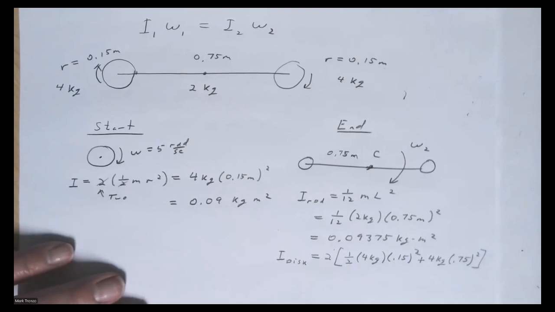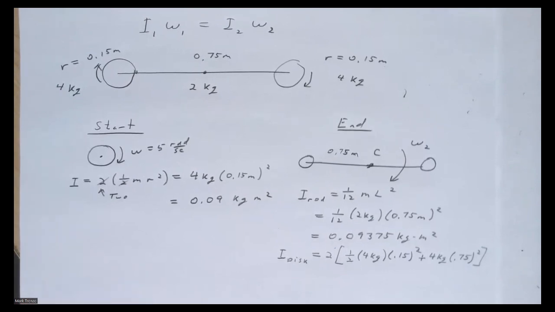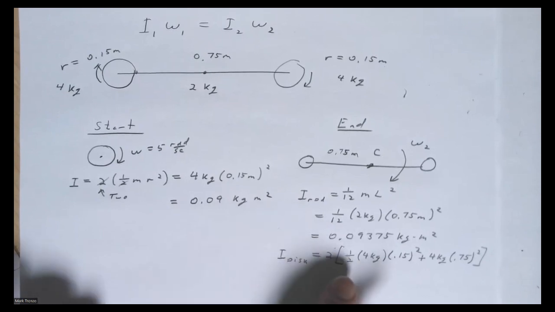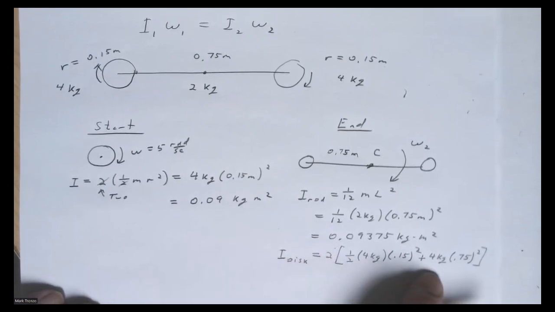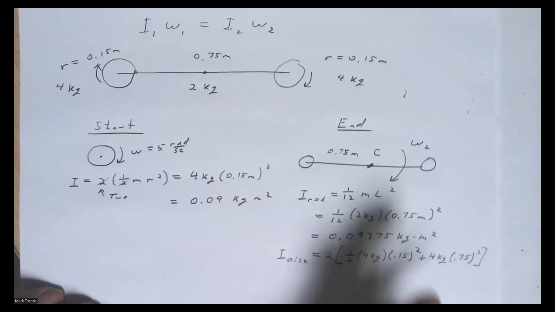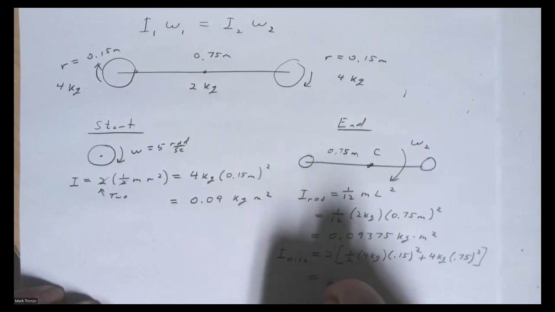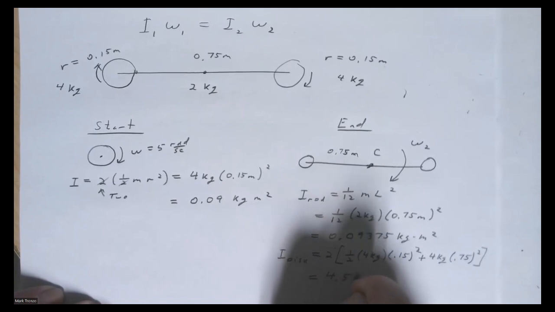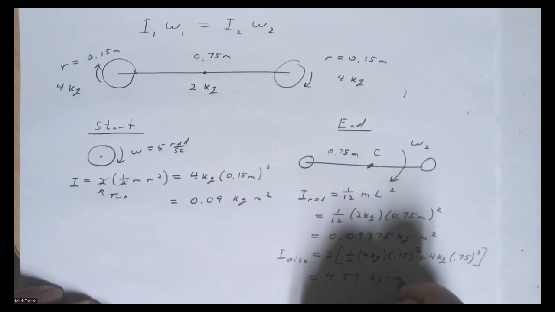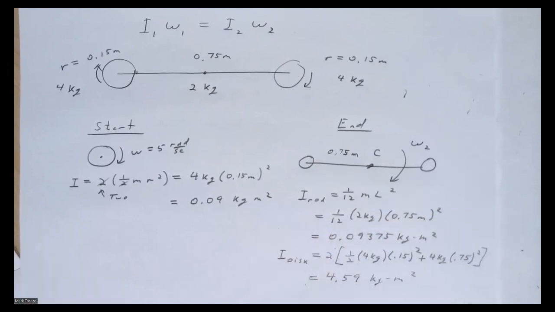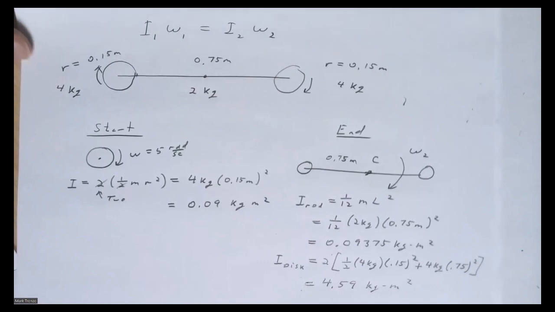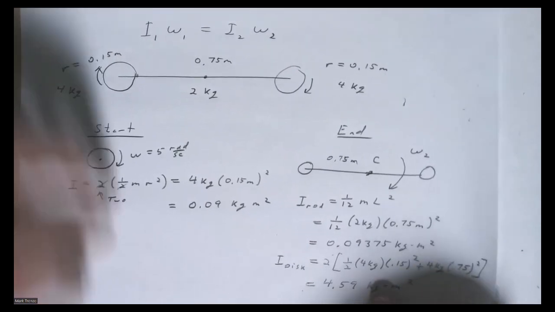That comes out to 2.295. So 2 times 2.295 is 4.59 kilogram meter squared. So now it looks like we're ready to apply conservation of momentum.